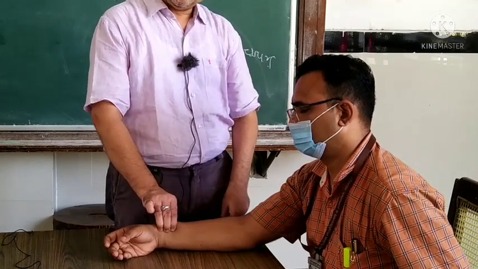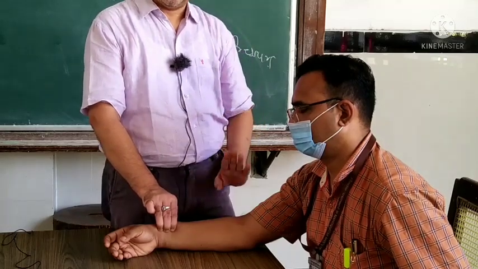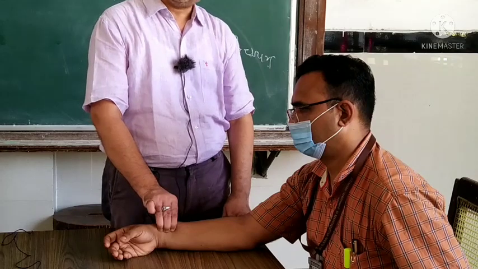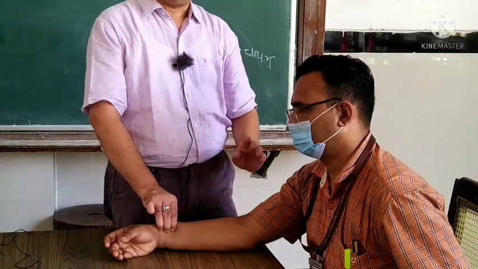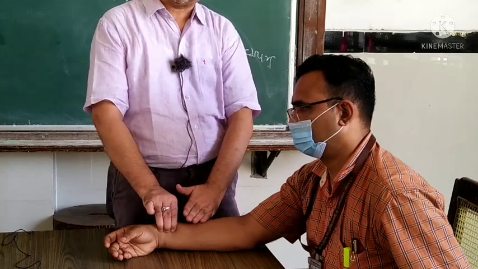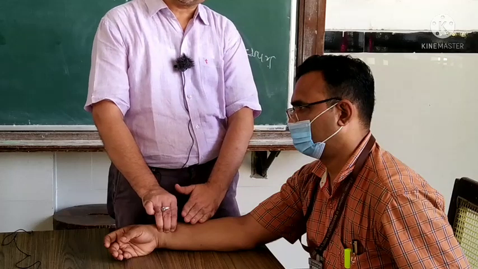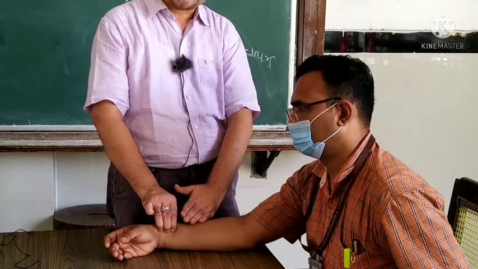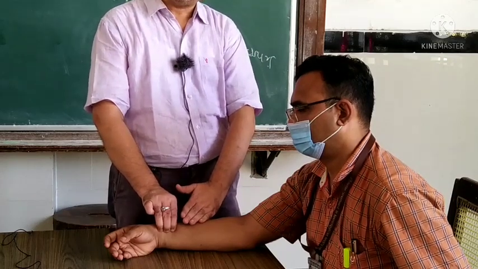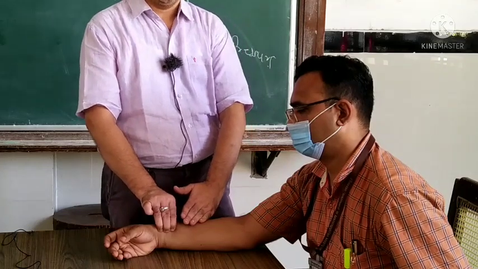In a normal healthy individual, we cannot feel the wall of the radial artery because it is soft and elastic. But in an old-age person, where there is the development of arteriosclerosis and atherosclerosis, the wall of the artery is felt as a hard one, like a rope.